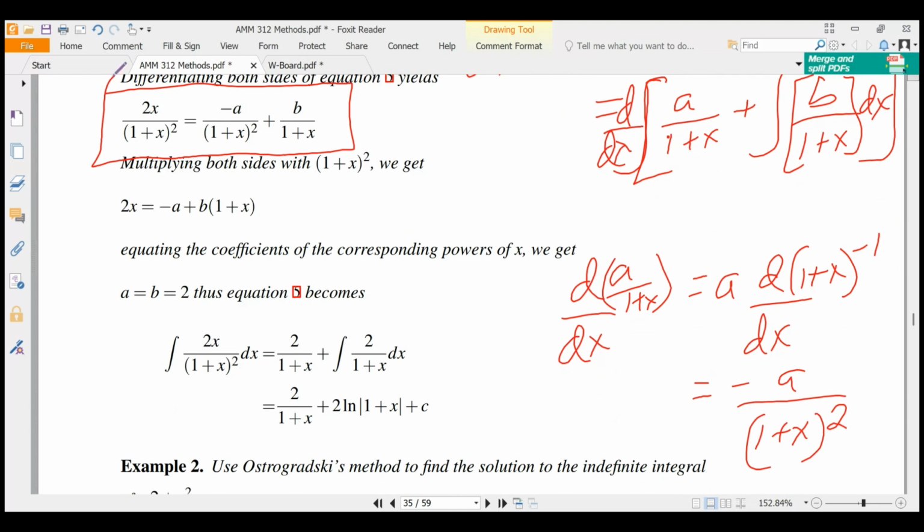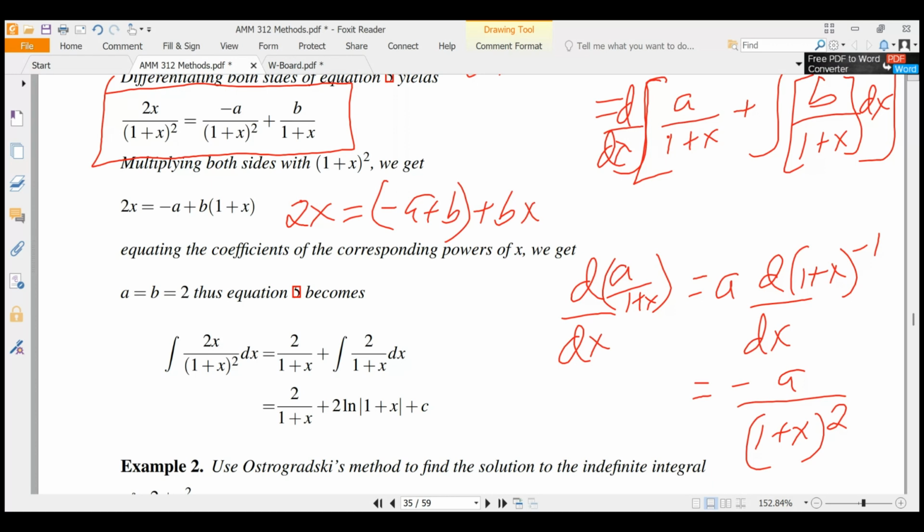Now we can multiply both sides by 1 plus x squared to clear the fractions, so that this reduces the expression to 2x is equal to minus a plus b into 1 plus x, which we can write as 2x is equal to minus a plus b plus bx.